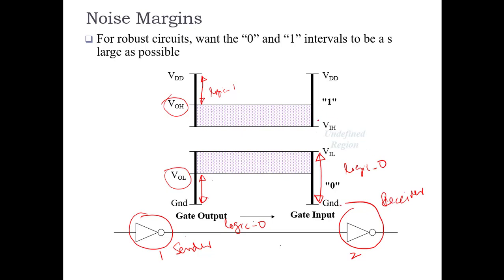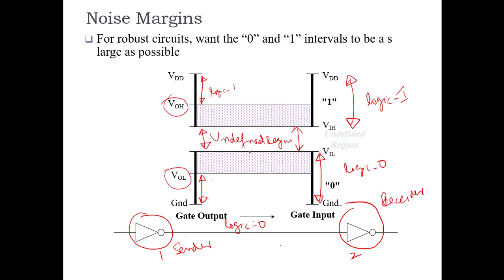If it receives any voltage between VIH and VDD, it will say it is logic 1. Note this: this region is the undefined region.